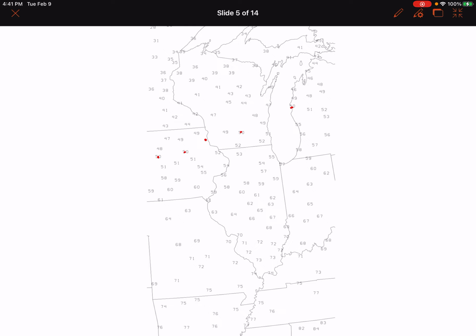Right in between 49 and 51 along the Lake Michigan coast, right smack dab between the two, right there. In the end, we're trying to connect the dots between all of these different locations and label our line as 50. So that's pretty easy.